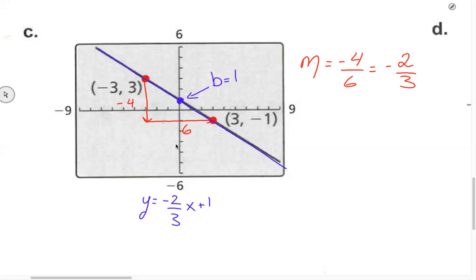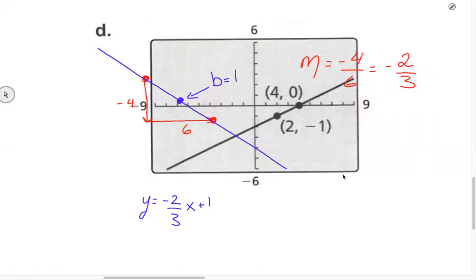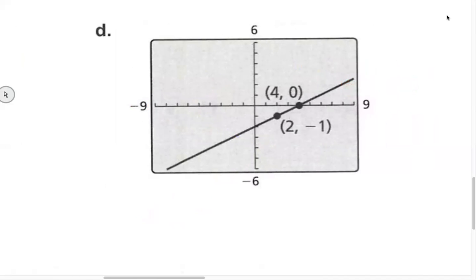Pretty straightforward, right? All right, Emma. Here we go. What is my slope here? Is it 1/2? So we go up 1 and to the right 2. Very good.